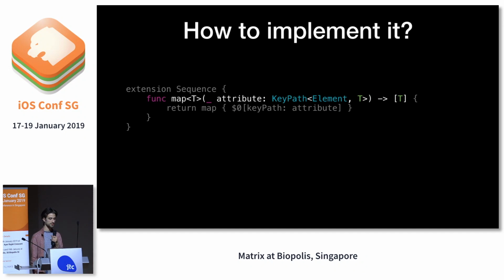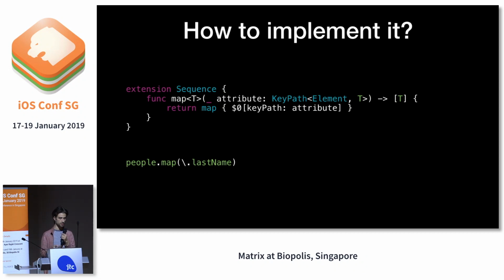The only difference is that where in the standard library you expect a function from Element to generic type T, here you take a KeyPath from Element to generic type T. You still return an array of type T. And inside, what do we do? We call the standard map from the standard library. And in the closure, we just use the KeyPath to access the attribute on every element in the sequence. That's it. You don't need to write any more code.